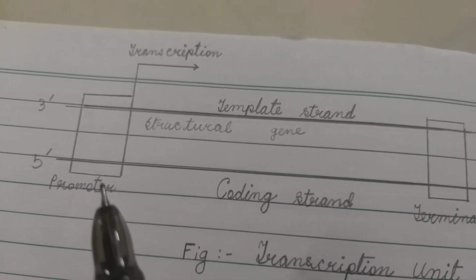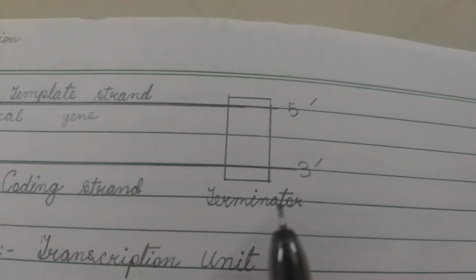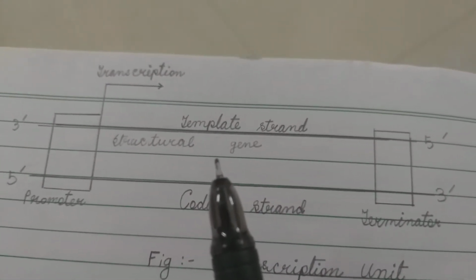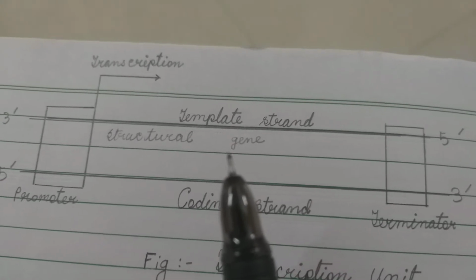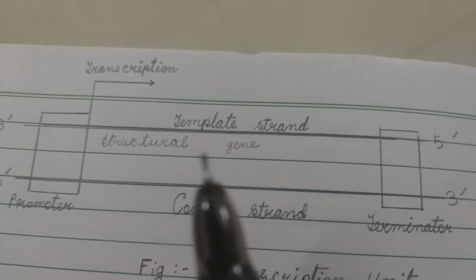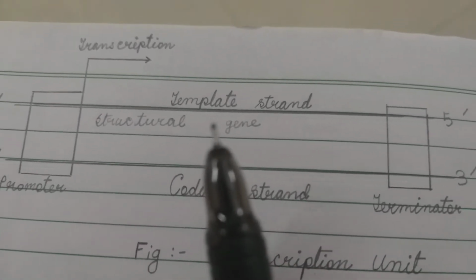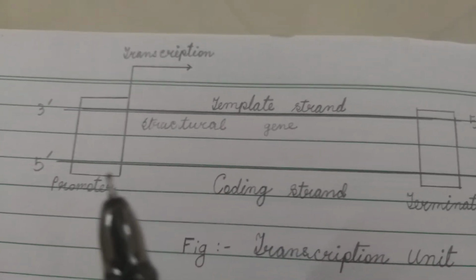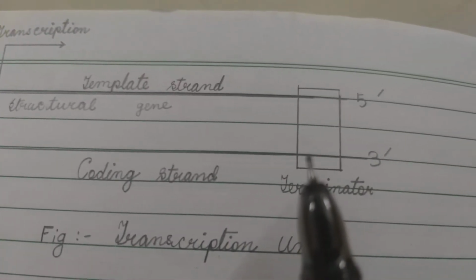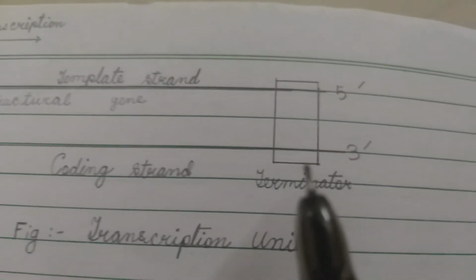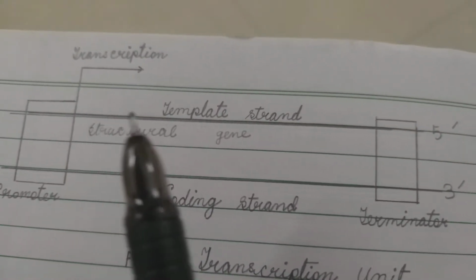Promoter is a gene. Terminator is a gene. The structural gene is another gene. It is the segment of DNA which lies between the promoter gene and the terminator gene.